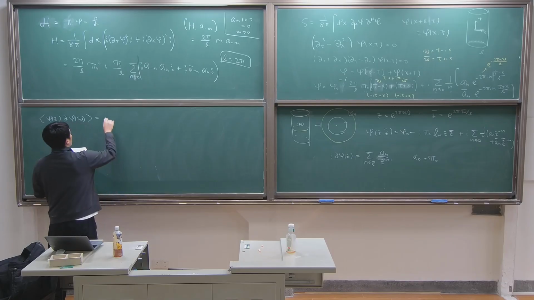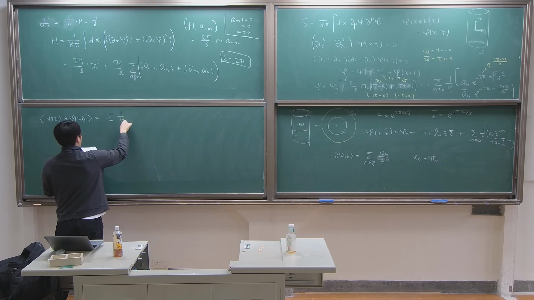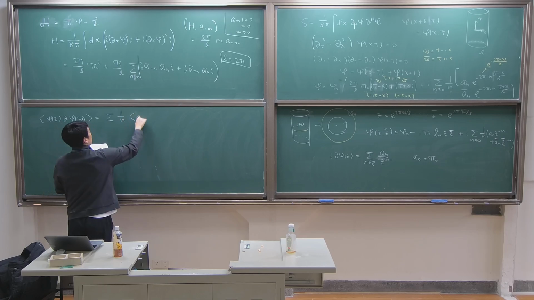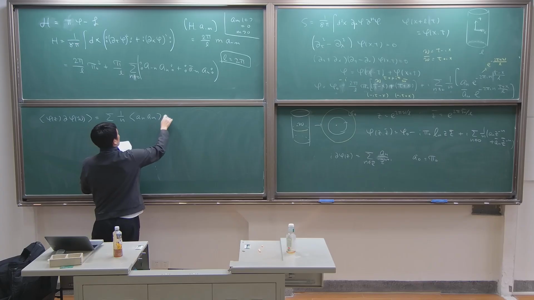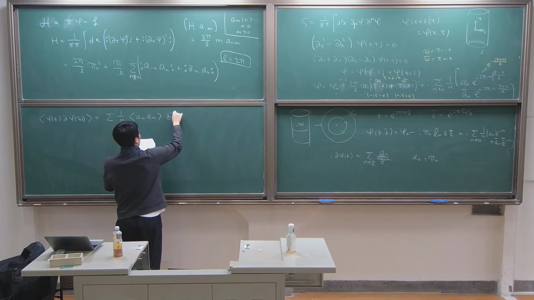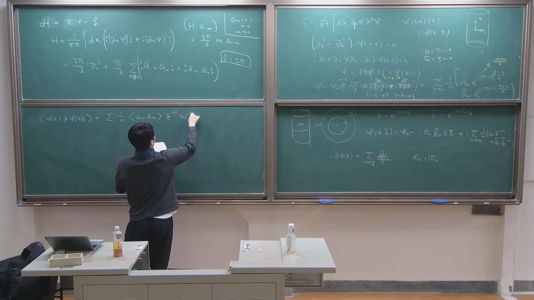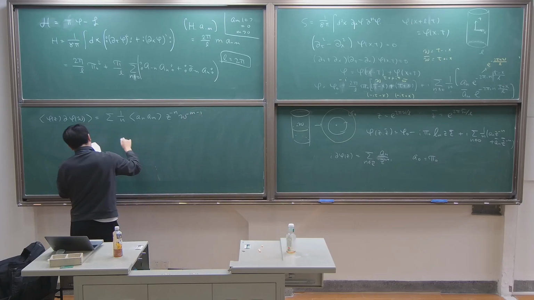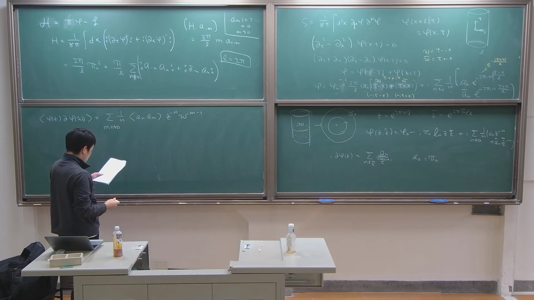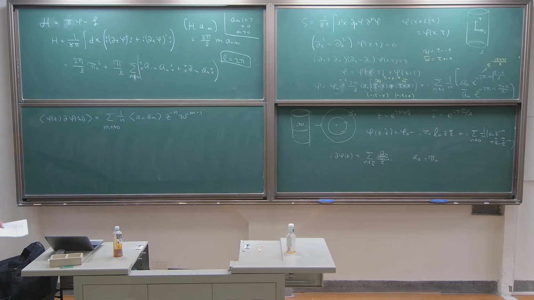What you get is as follows: a sum of 1 over n and then the factor of m minus 1. So that's what you get from this.